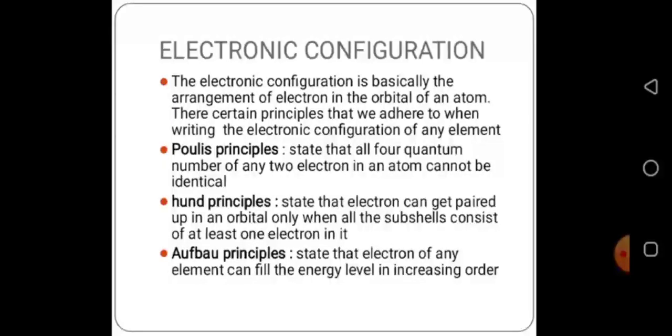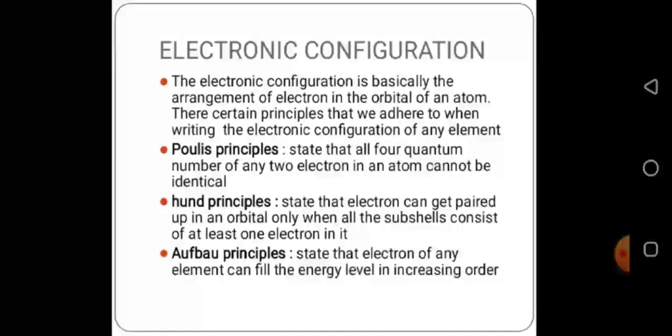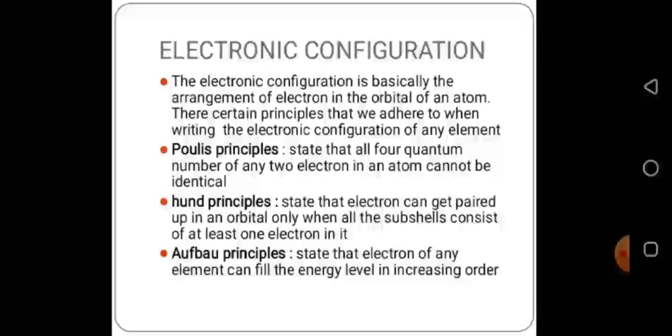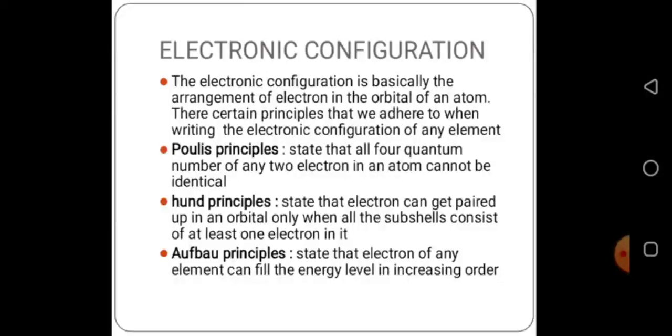The principles are the Pauli exclusion principle. Pauli states that all 4 quantum numbers of any 2 electrons in an atom cannot be identical.